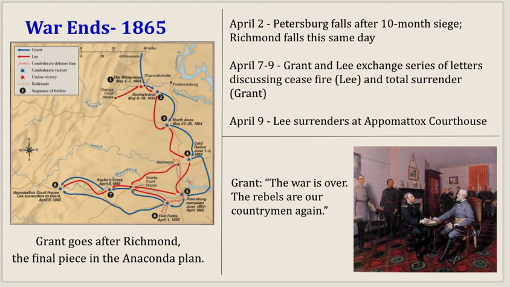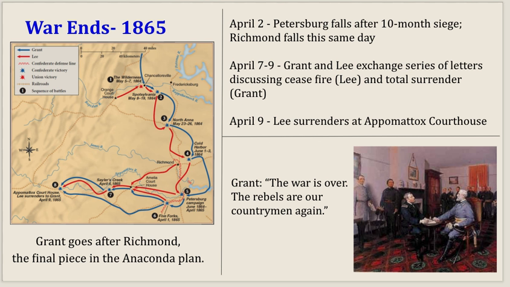You can see the troop movements on the map with the Union blue lines dancing around the city of Richmond, and Lee's southern red lines attempting to hold them off. The turning point in this campaign was undoubtedly April 2nd, 1865, when the city of Petersburg here falls after a 10-month siege, right? Richmond falls that very same day.